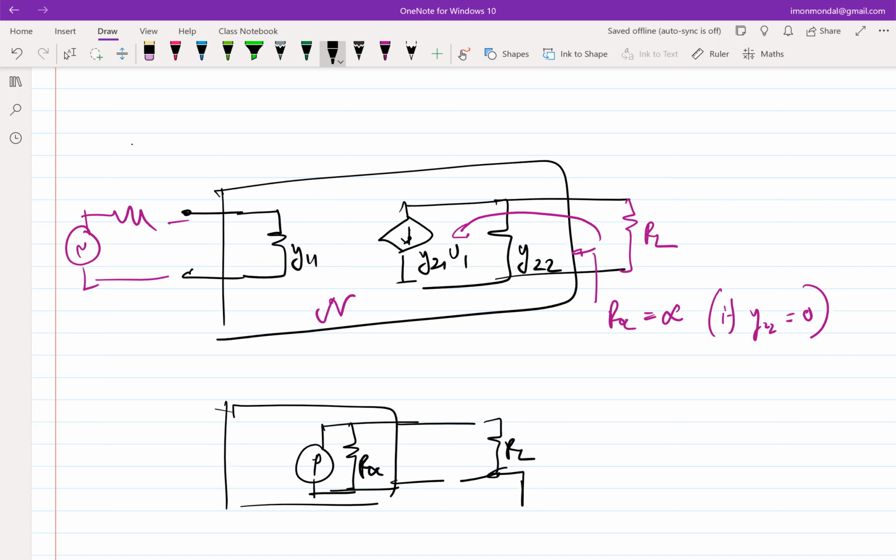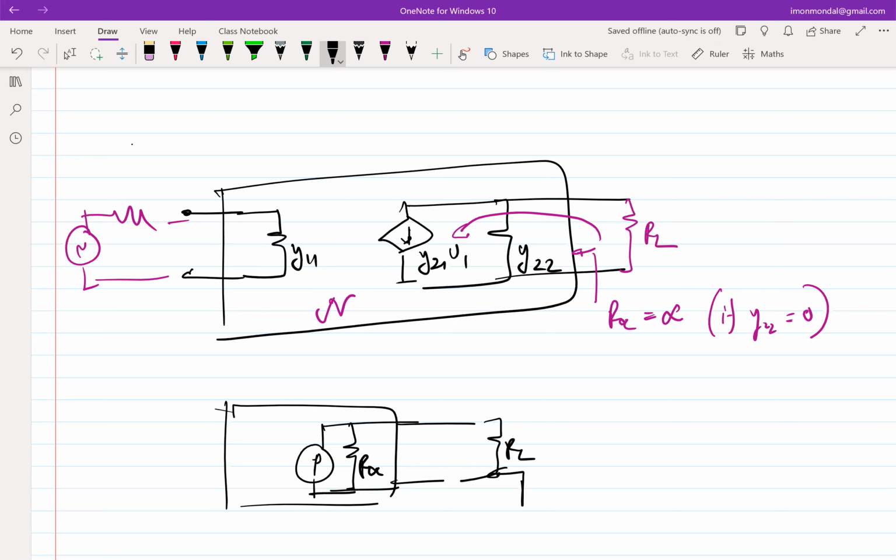If the current changes when you apply RL, then it's not a current source. It's something else. If the voltage changes, if you take a battery and observe the voltage, and you keep on changing the output resistance, for example, you connect one LED, you connect 5 LEDs, you connect 10 LEDs, and you see that all of them are shining as bright, then the voltage across that LED stack hasn't really changed.